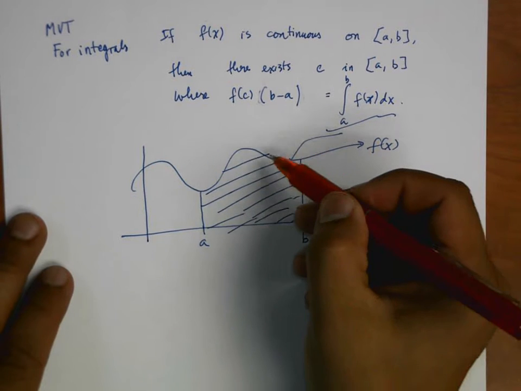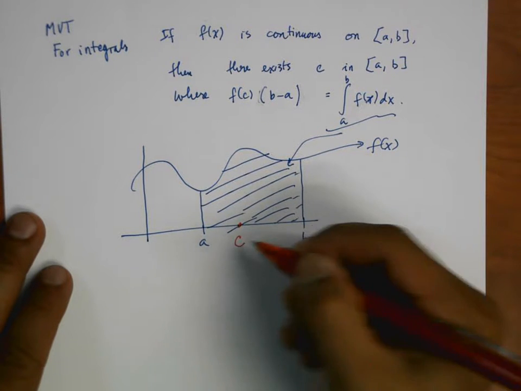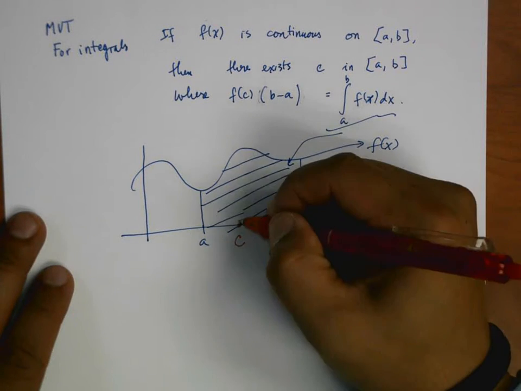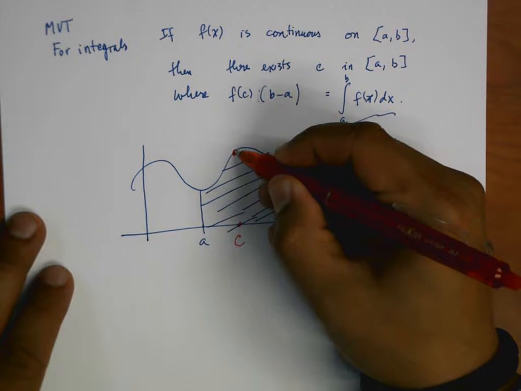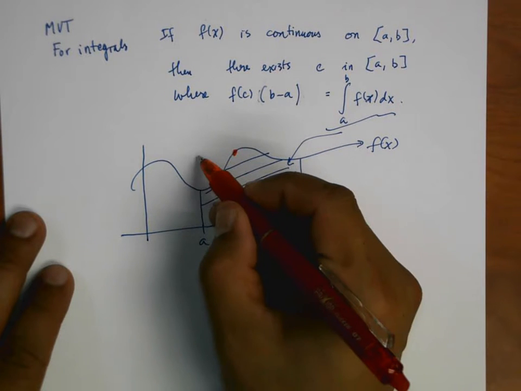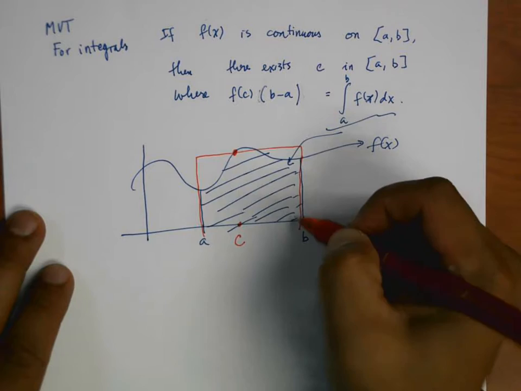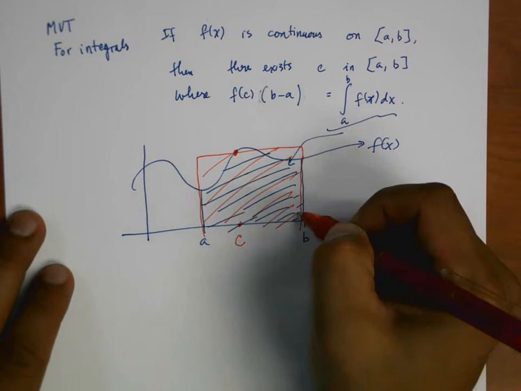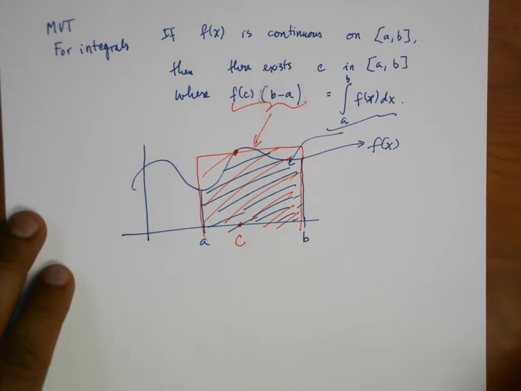It says that somewhere in here is a point c, and I guess I'll just pick this one. It's not necessarily the midpoint, it's a point c, and if you go up from c to find f of c, then this rectangle, the red rectangle, that's what this is saying, is exactly equal to the blue area.